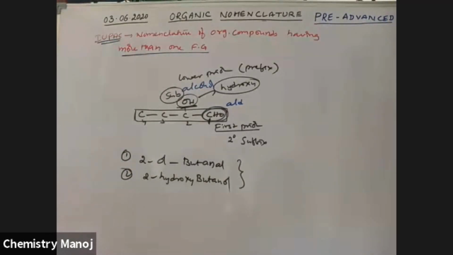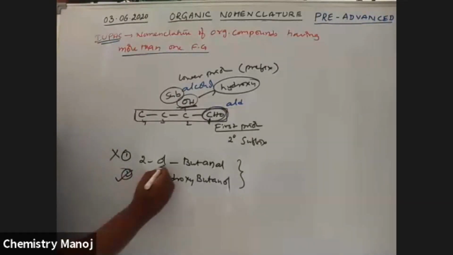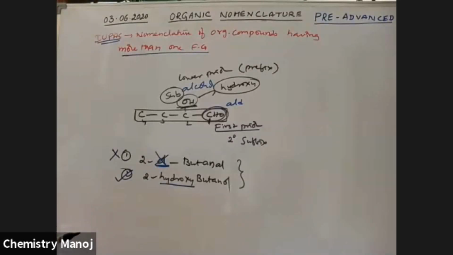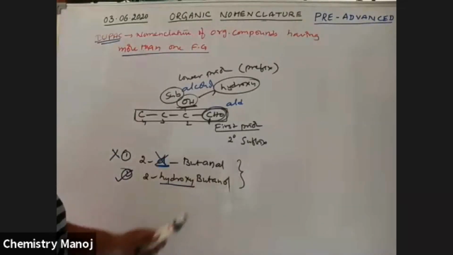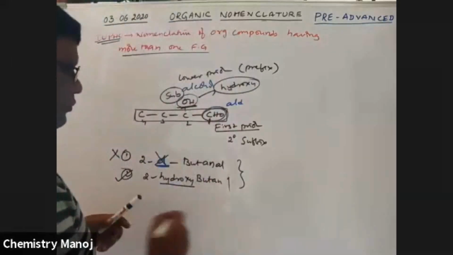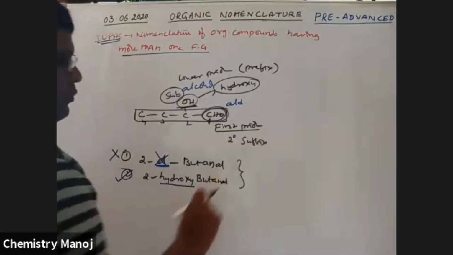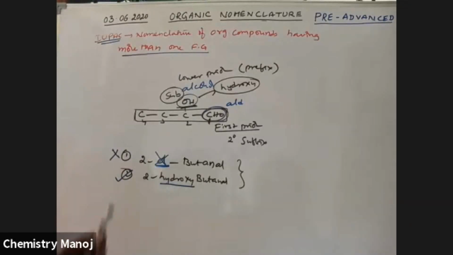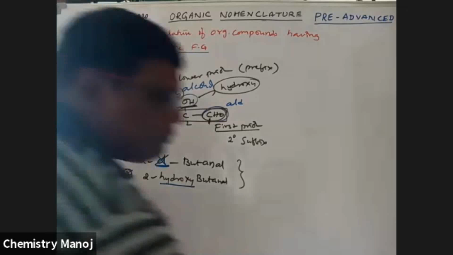No doubt, the second one is correct, the first one is wrong, because OH is not the major group, and in the case of a substituent, OH is taken as hydroxy. 2-hydroxybutanal. So you should check which is more prior and which is less prior. The more prior one is taken as the secondary suffix, here AL, and the less prior one as a substituent, as a prefix.